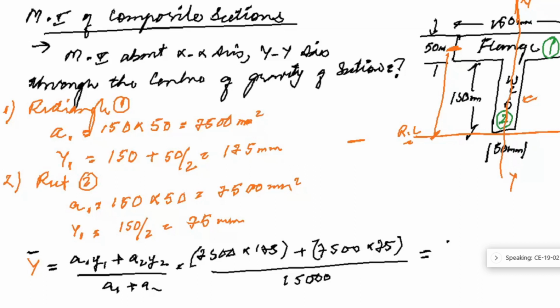Calculate it quickly. Anyone else who knows? Muntaha, is it 121? Sahil, what is it?